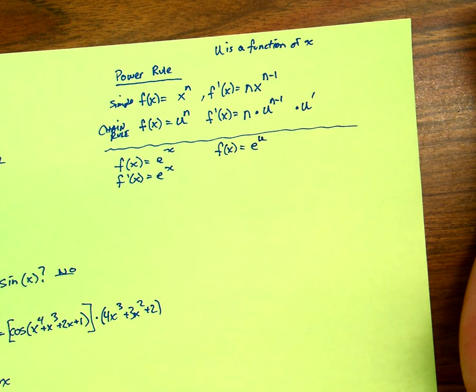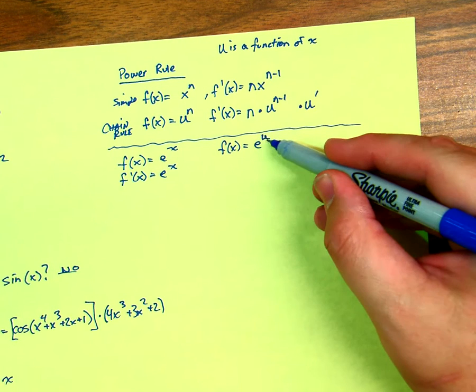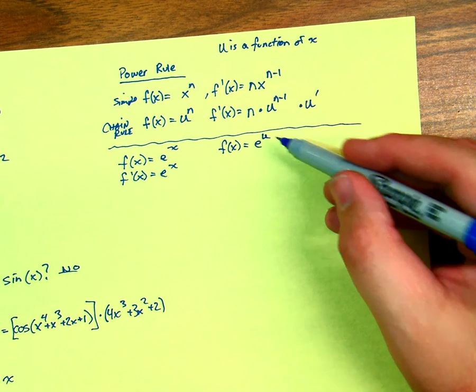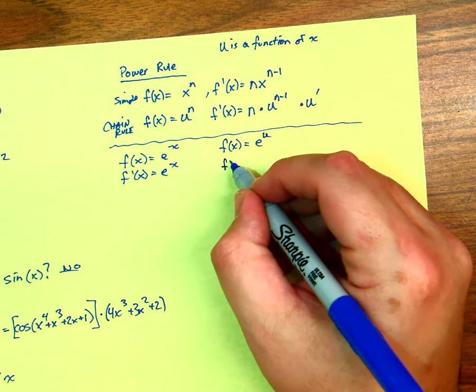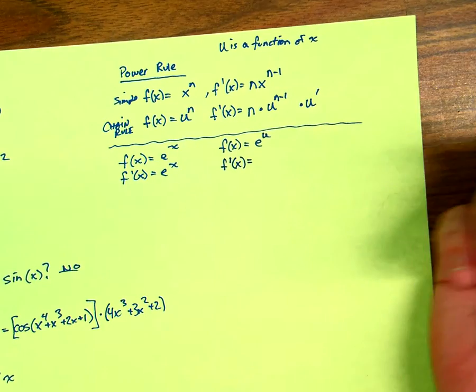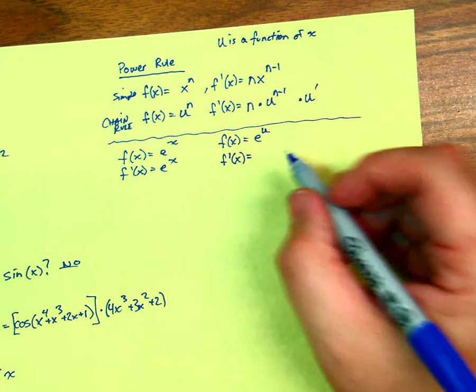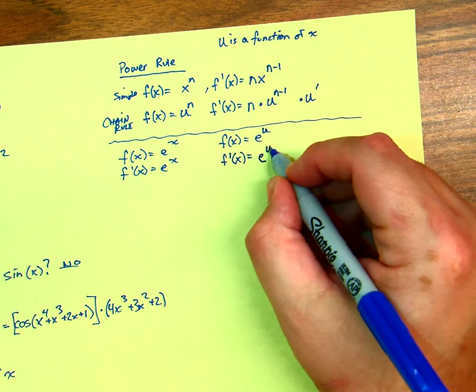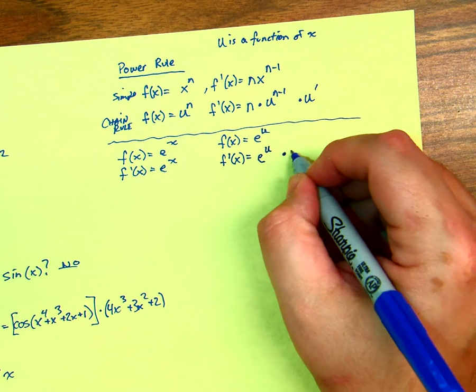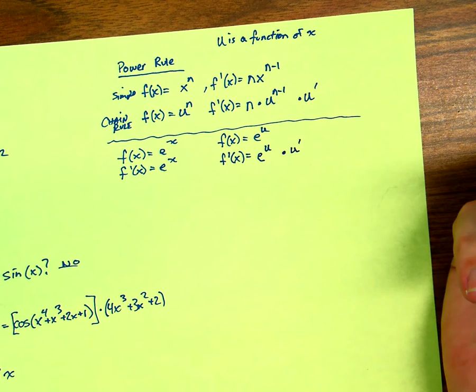So this power isn't going to be just a simple power. But the nice thing is, what's the derivative of e to the anything? E to the anything, but I got to multiply by u prime. So if it's not x, I got to multiply by the derivative of whatever expression is there.